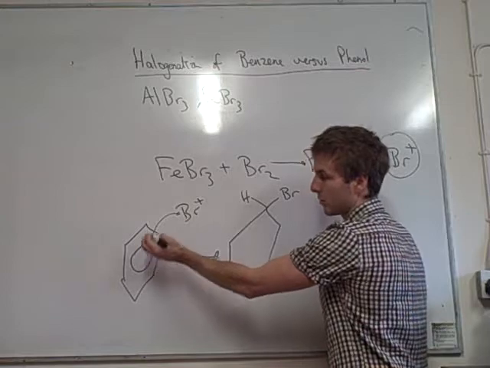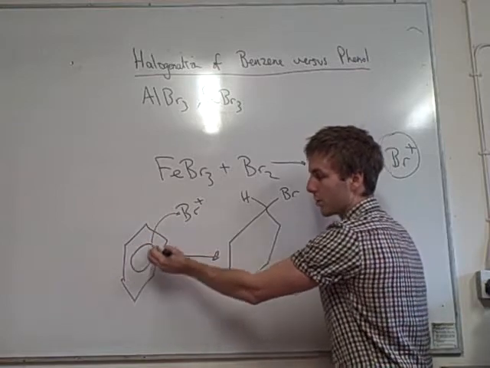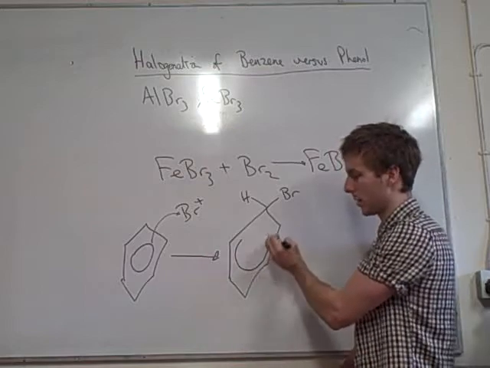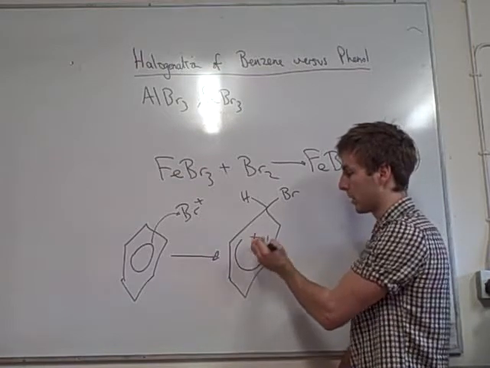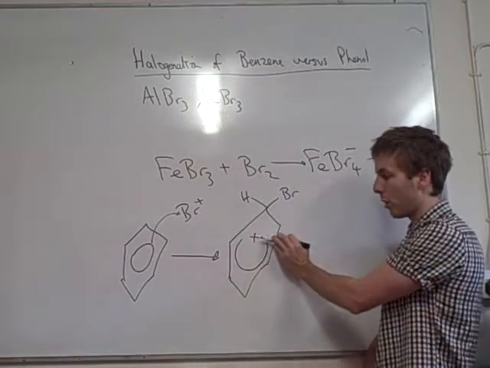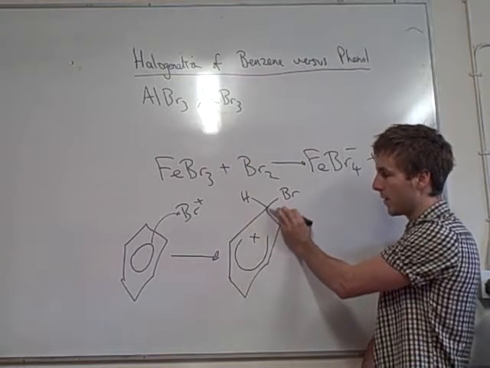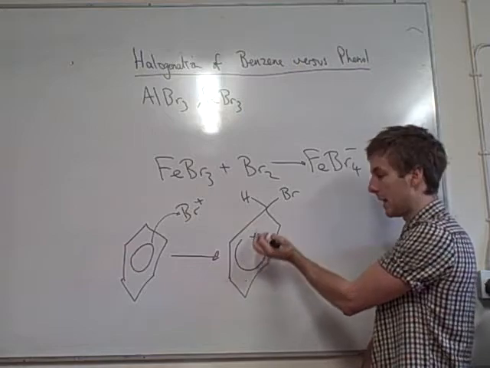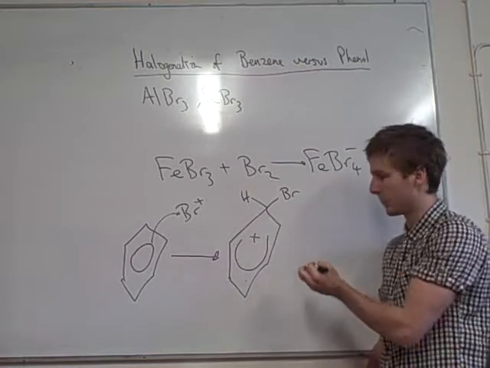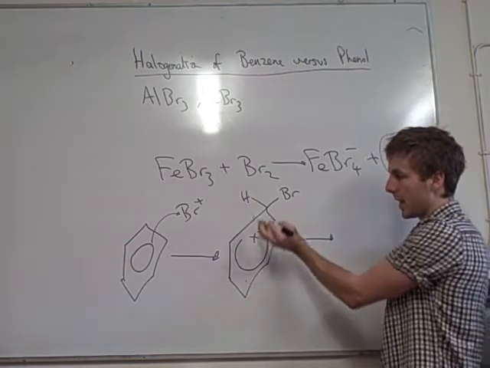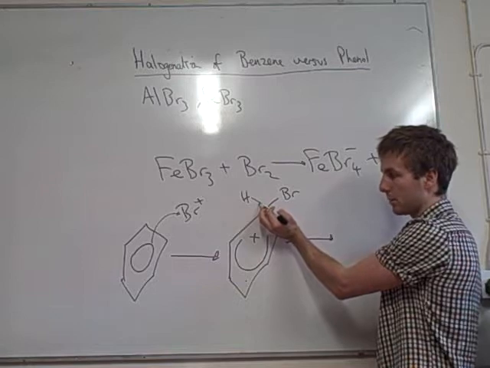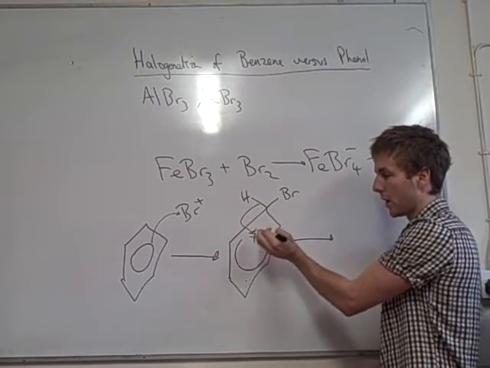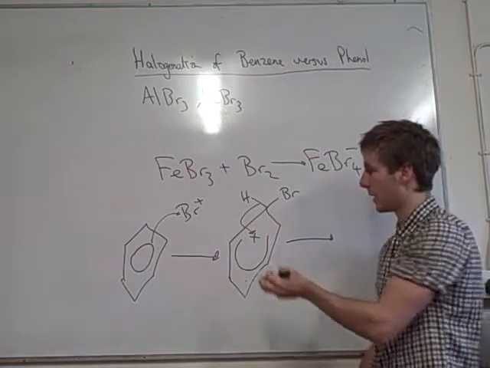This ring has given some electrons away, so it's now been broken. So you draw like a little smiley face to show the broken ring, and it will have a positive charge. It's important we draw the positive charge near where the bromine has been added. So the ring isn't broken down here or over here, it's broken where you've added the bromine. And then what happens is the pair of electrons in my bond to the hydrogen is given back to the ring to make the ring whole again.